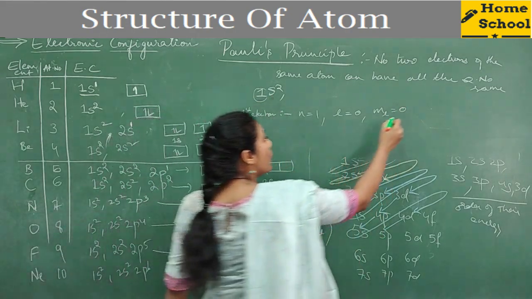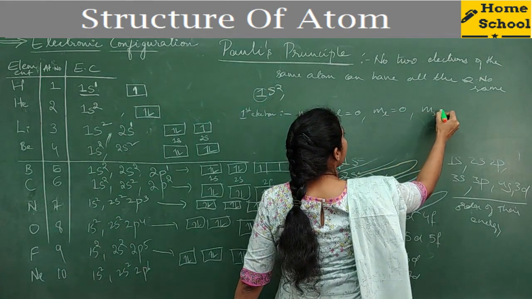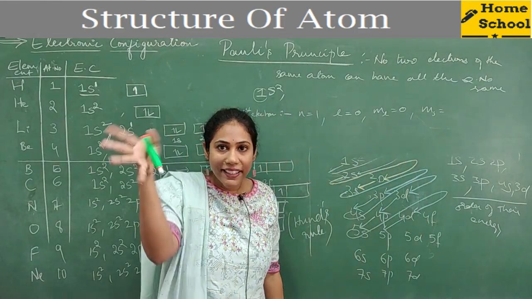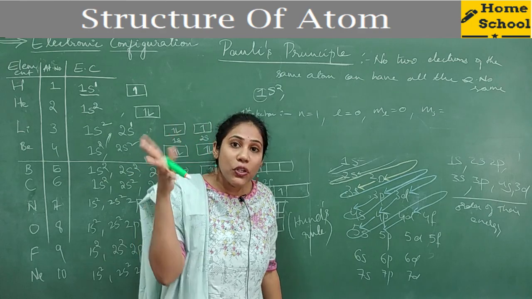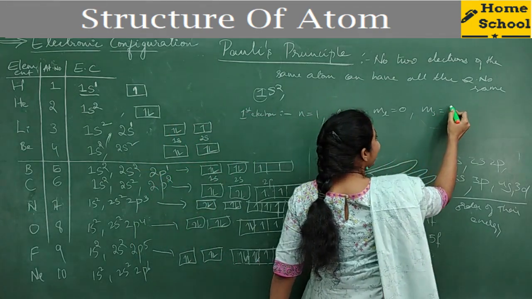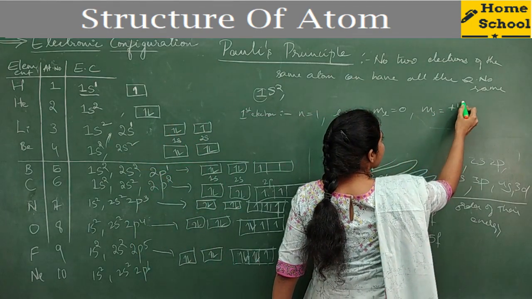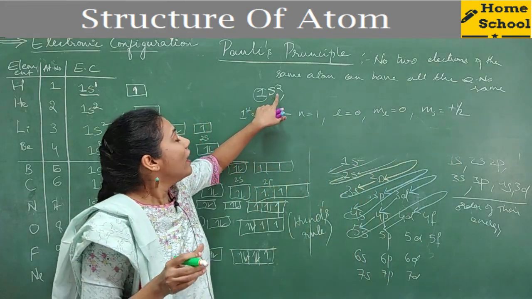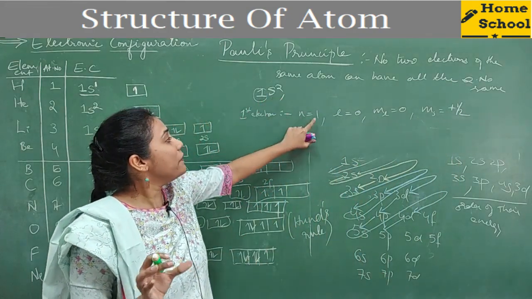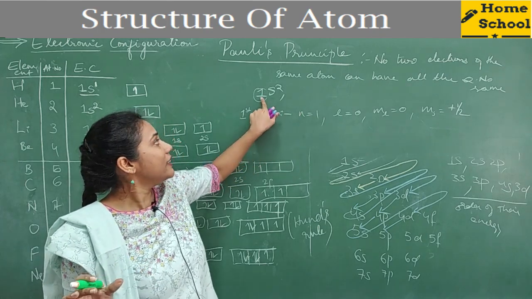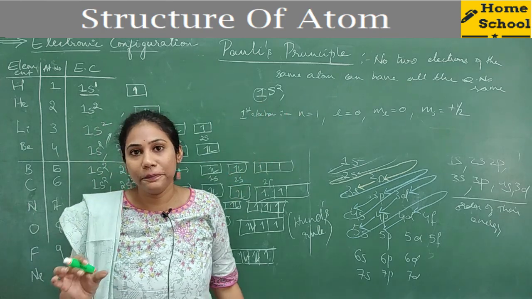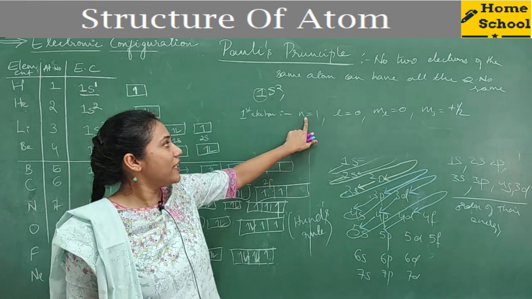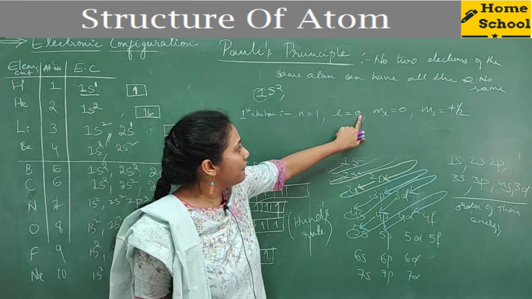Right? But what is the spin quantum number? Imagine one electron rotating in a clockwise direction. If it is rotating in a clockwise direction, I write ms value is equal to plus half. So this is how I can give information about the first electron that is present in the 1s subshell. Its n value, that is its main shell number, is 1, and its subshell number is 0.